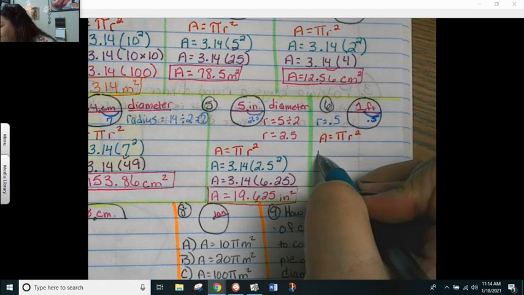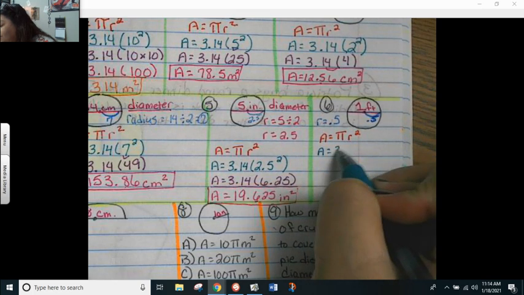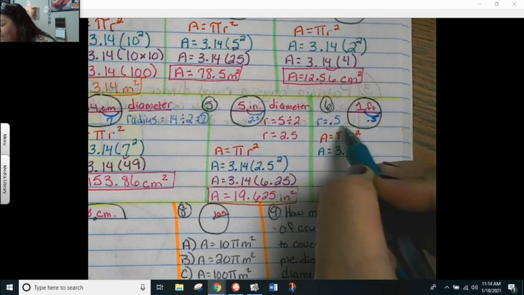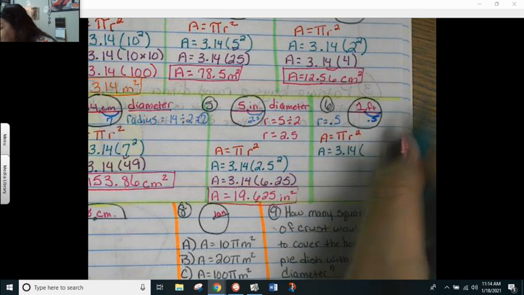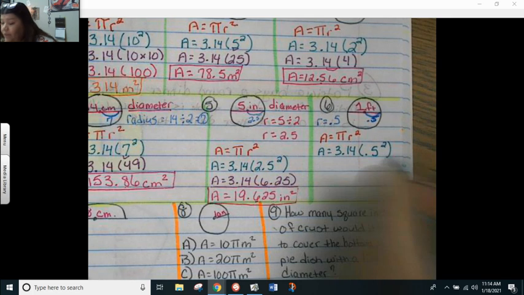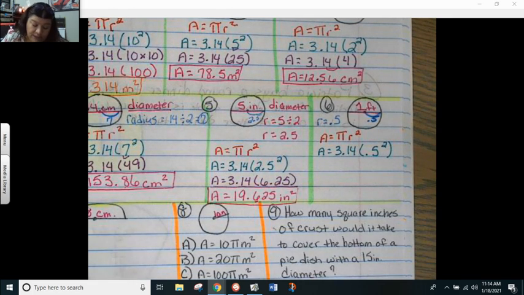Let's plug in our numbers. By now you should know that pi is 3.14. That's what we're using. The radius we figured out mentally is 5/10, and that's going to be squared. Okay, so when you do this, you need to make sure that you move the decimal correctly.